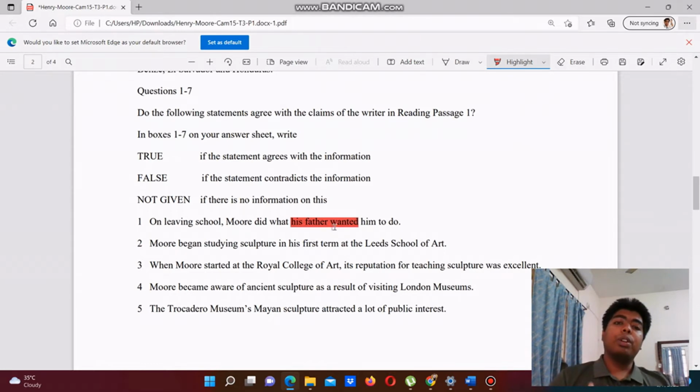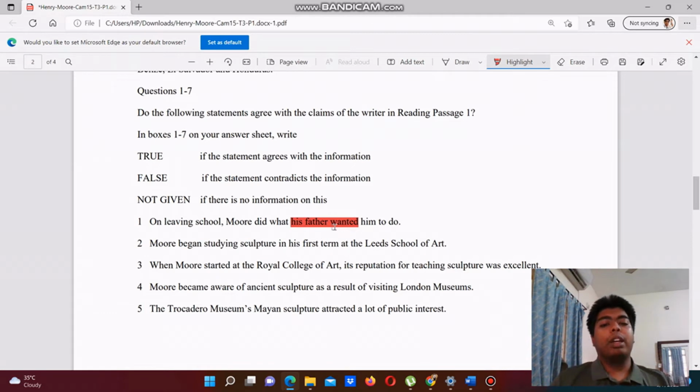So if Moore did what his father wanted him to do after leaving the school, then it will be true. Or if after graduating from high school, he did what his inner voice said, or any other person said or inspired him to do something else, then it will be false.